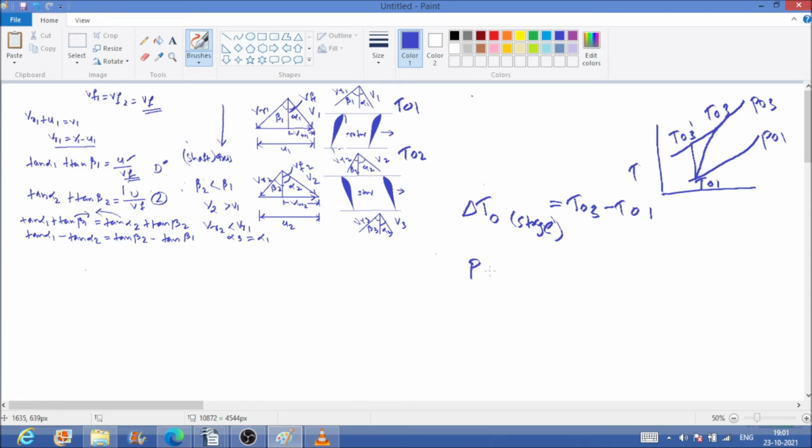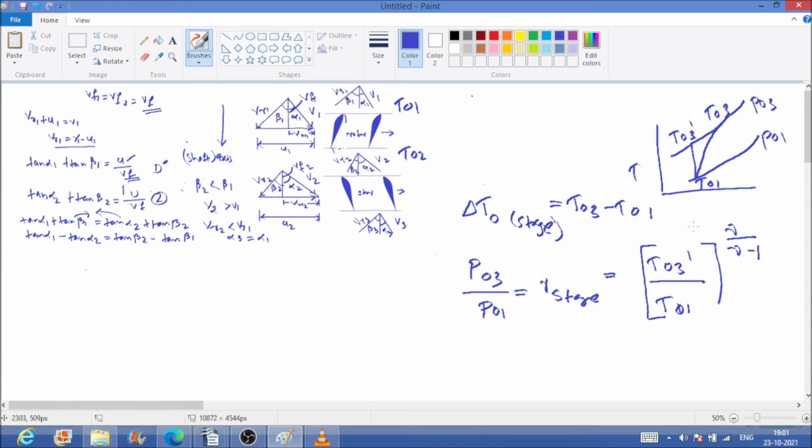Now P03 divided by P01, which is the pressure ratio for the stage, I use the letter R for the stage pressure ratio, is equal to (T03 dash divided by T01) all raised to gamma by gamma minus 1.